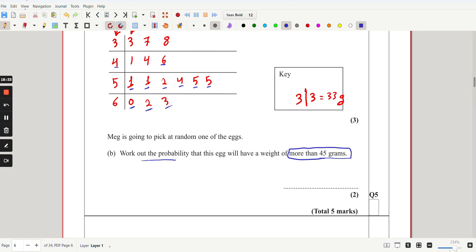In all, we have 1, 2, 3, 4, 5, 6, 7, 8, 9, 10. So it will be 10 out of 15 in total. So this is the probability that this egg will have a weight of more than 45 grams.